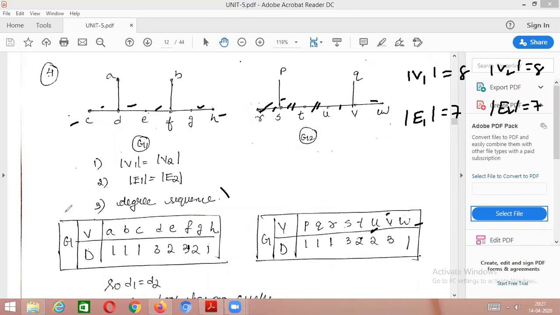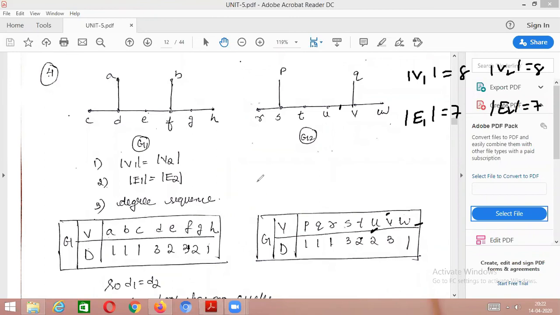Okay? So after writing this degree of sequence, you check whether their degree of sequence is the same or not. So to check that, what you have to do is write this sequence in order like this also.